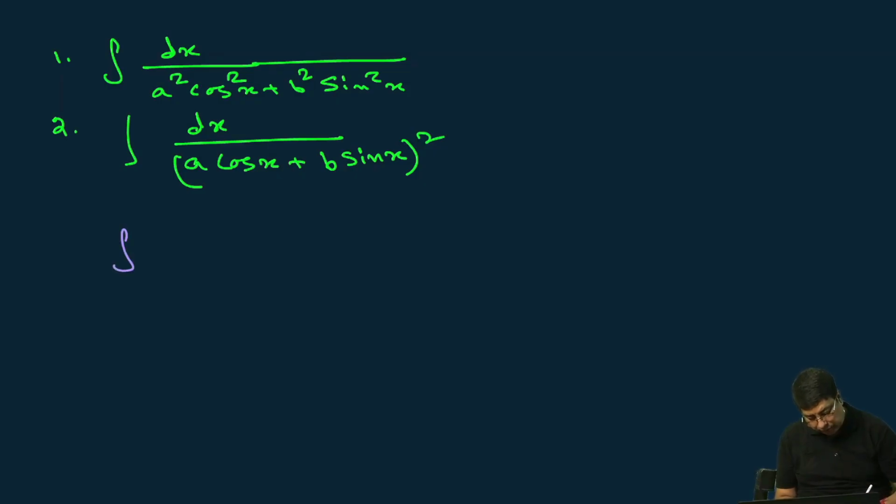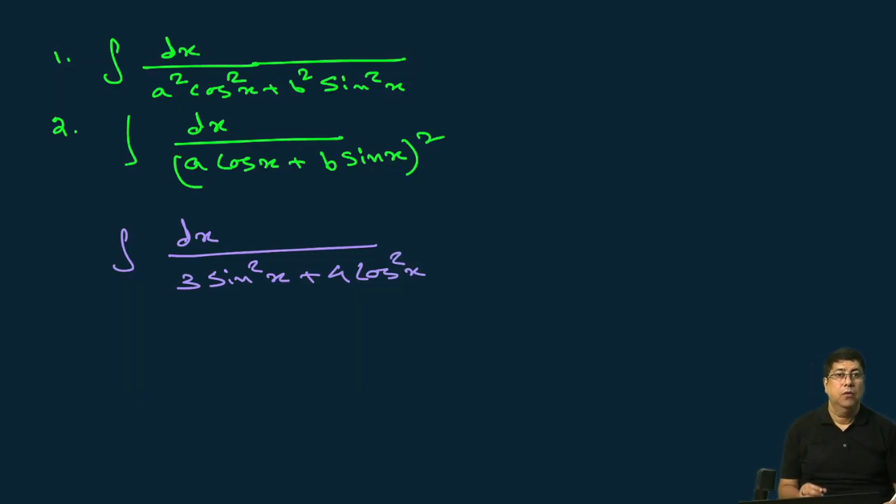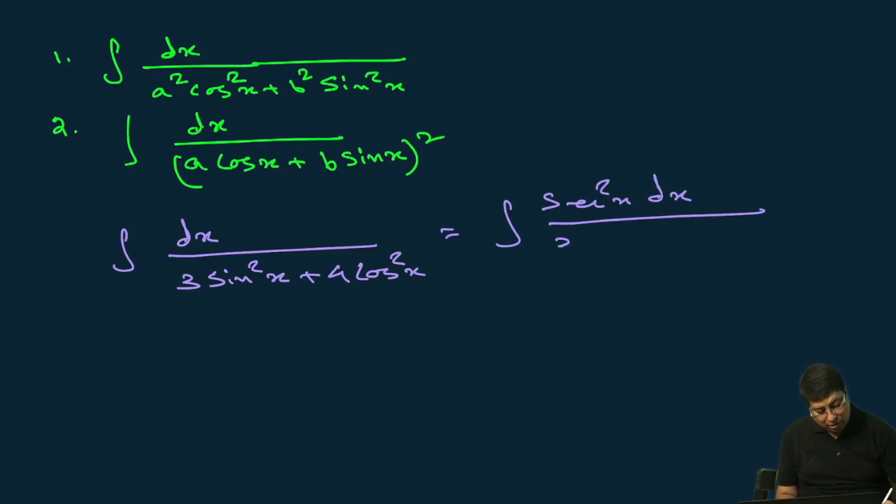Suppose dx by 3 sin square x plus 4 cos square x. First of all, what we'll do? We'll multiply by sec square x and generate tan x, so total divided by 3 tan square x plus 4.